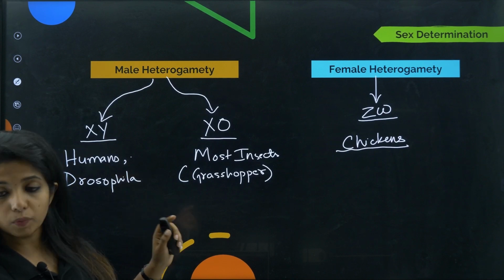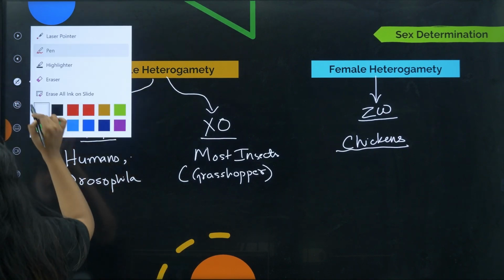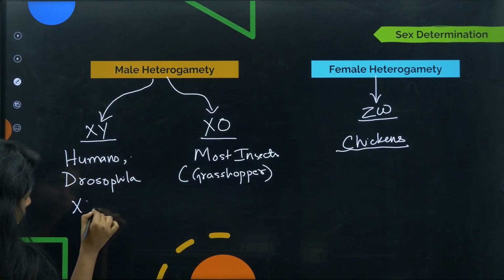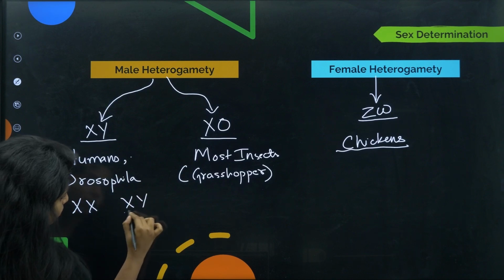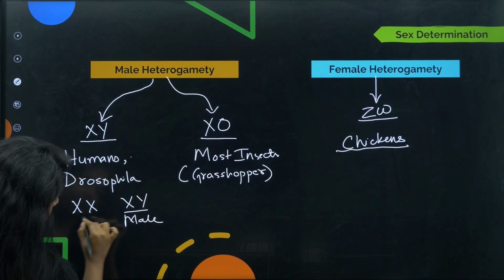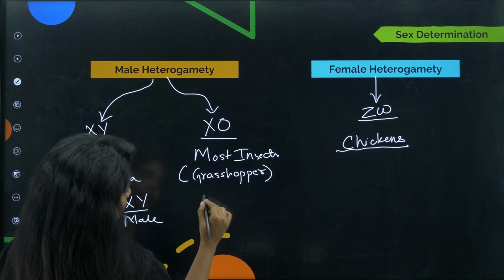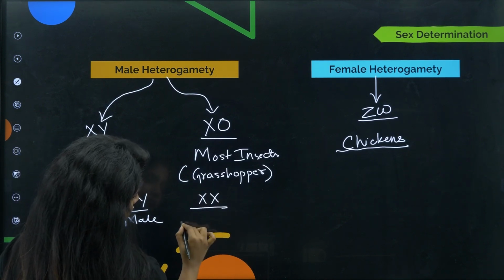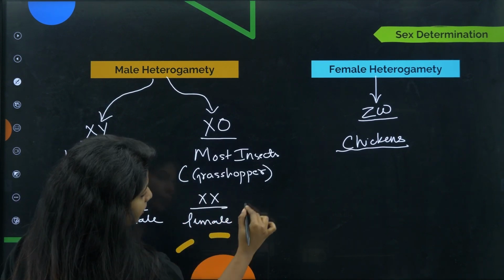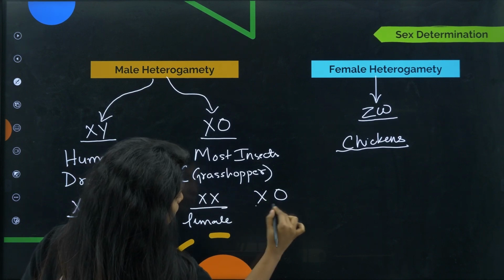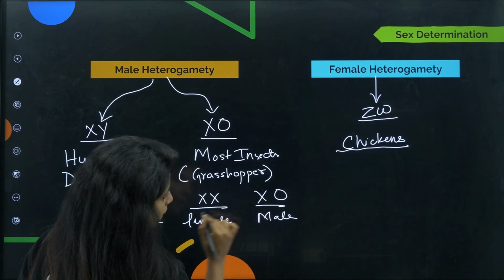In the case of human beings, I hope you know that, but for your clarity, I'll just write for everything. It's XX and XY. XY is the male and XX is the female. Similarly, here also, XX is the female and XO is the male.